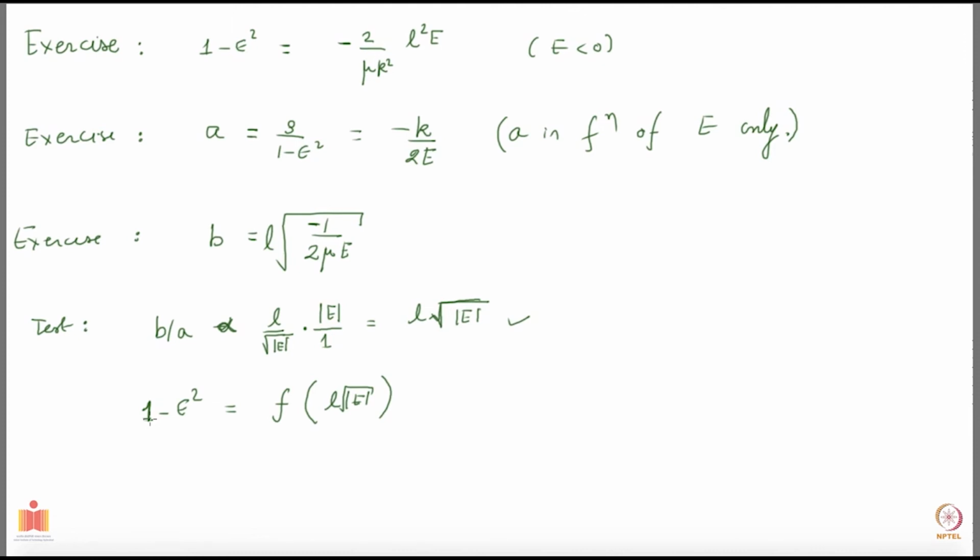Now I want to repeat the same thing. I want to fire my particle mu with a different energy, and of course I should fire with a different angular momentum such that I get the same eccentricity. So I want the same eccentricity as before, but a different energy. Then how should my angular momentum be related? That is what I want to ask.